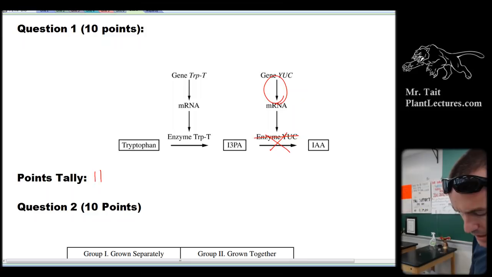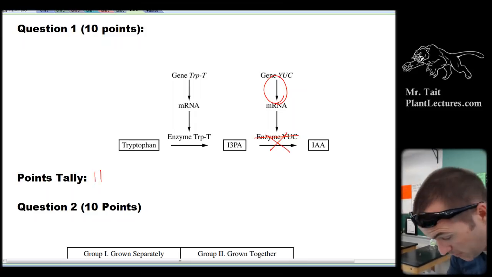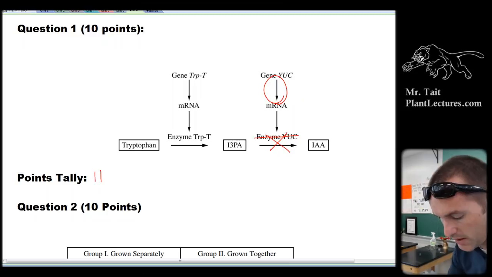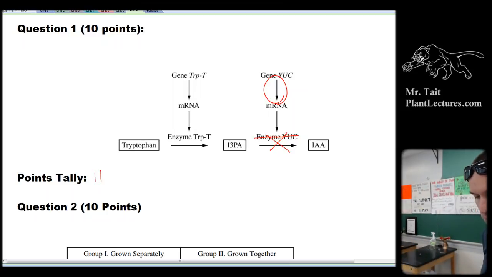Part B, predict how a deletion of one base pair in the fourth codon of the coding region of the gene TRPT would most likely affect the production of IAA. Justify your prediction. So we have to predict and to justify. That's 2 points. We know that anytime there's a deletion, you're going to end up with a nonsense mutation because of a frame shift, right?